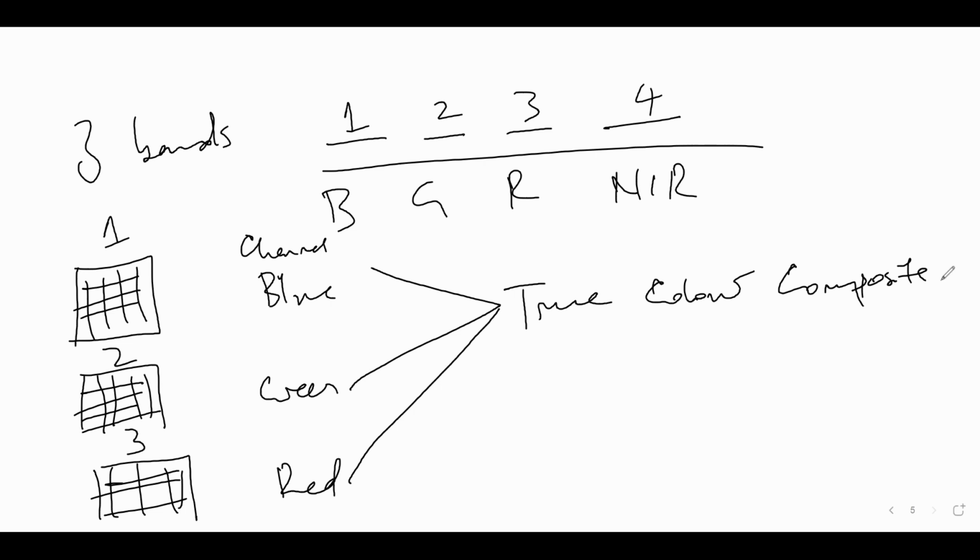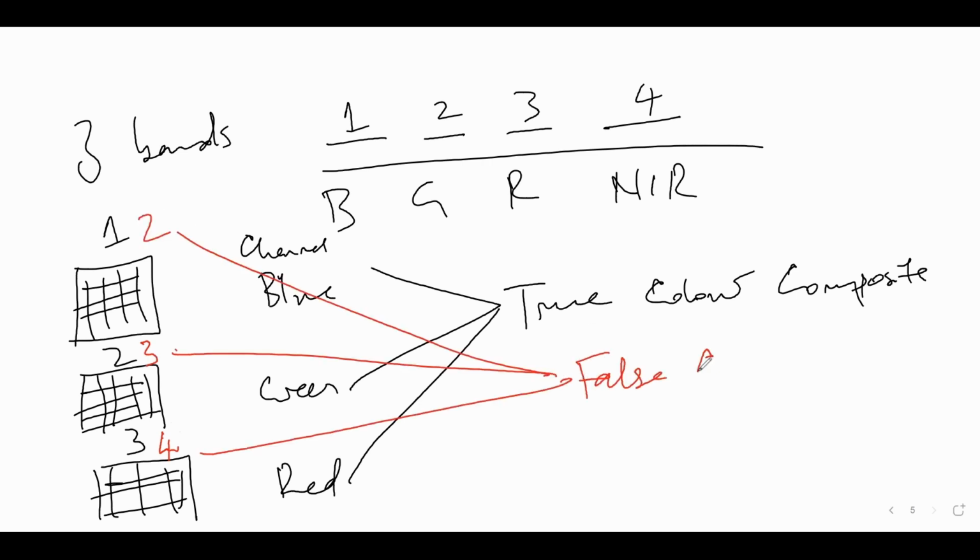We also have cases where, remember, we have a band in the near infrared. So what happens is that, let me use another color, we assign the near infrared to the red, we assign red to the green, and we assign the green to the blue. And when we do that, we end up with what we call false color.